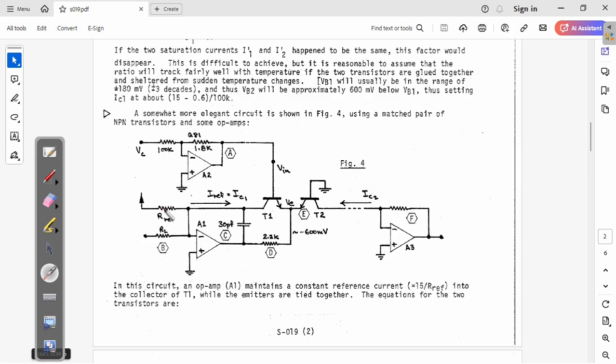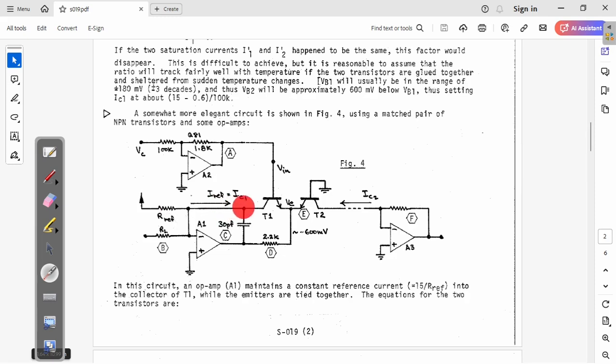It means that the current in this branch is equal to 15 divided by Ref. When you have an op-amp, the current here is only dependent on this resistor.